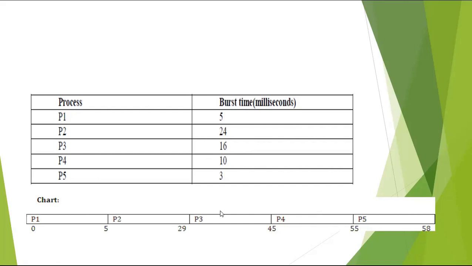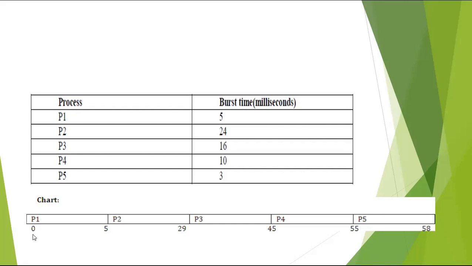Now we will calculate the waiting time. Waiting time is the time the process waits till the CPU is allocated to it. The P1 process arrives at arrival time 0, and it gets the CPU at the same time. So the waiting time for P1 is 0 minus 0, that is 0 milliseconds. P1 is not waiting for any time.